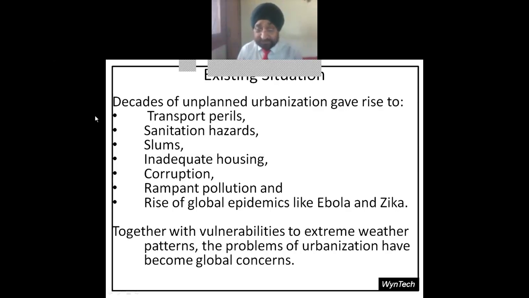Inadequate housing, corruption, and rampant pollution are other problems. Taking a small example, pollution. There are a lot of sensors which tell that Azadpur Chowk or Azadpur signal is the most polluted place.